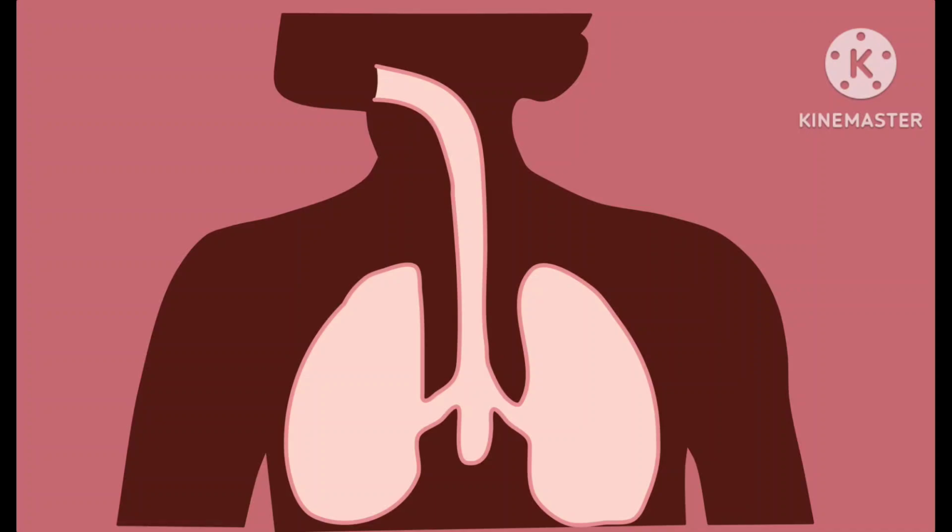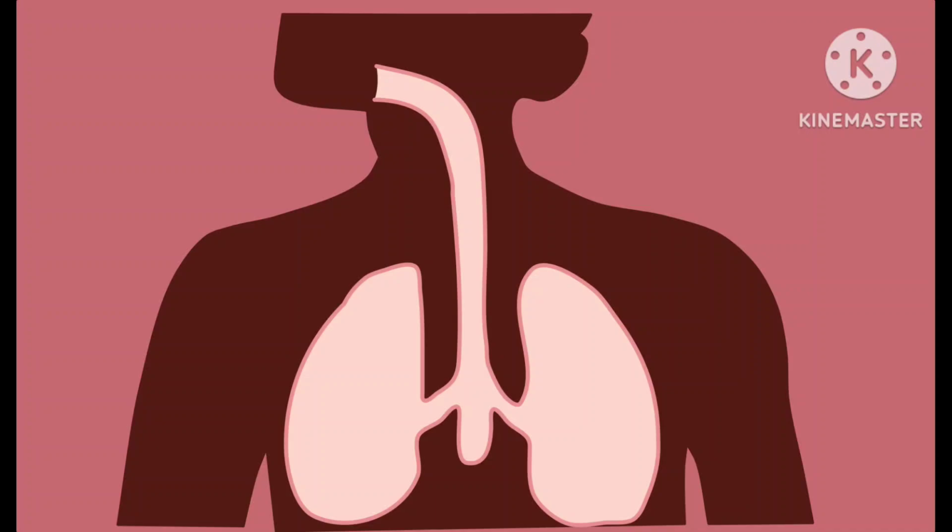Energy is released from the food by the process of cellular respiration. Cellular respiration is a series of chemical reactions which slowly release energy stored in the food molecules. It is essential for the survival of every living cell.